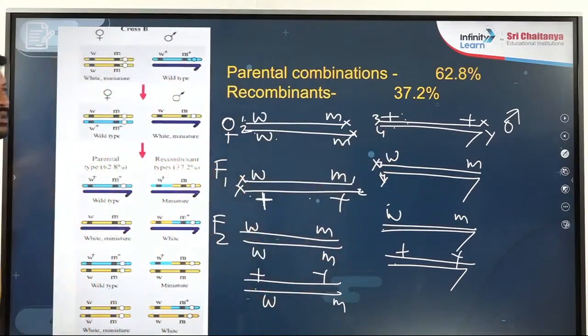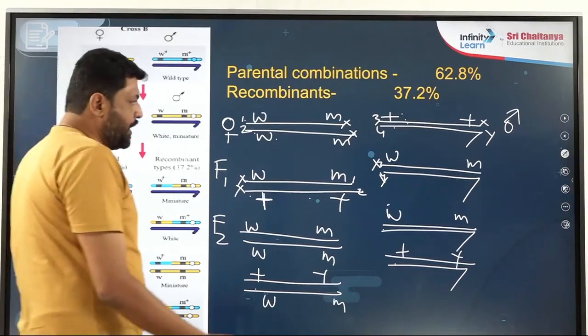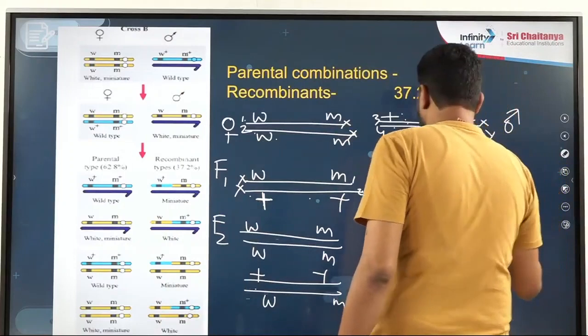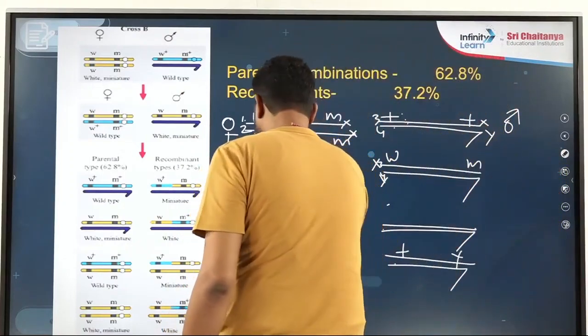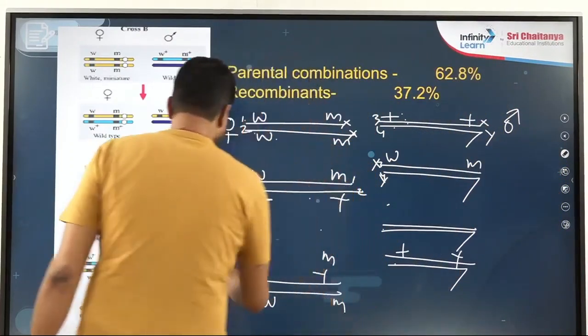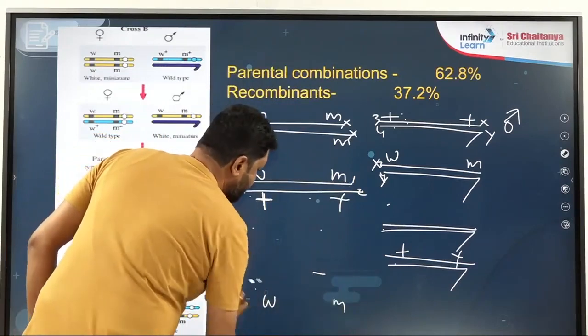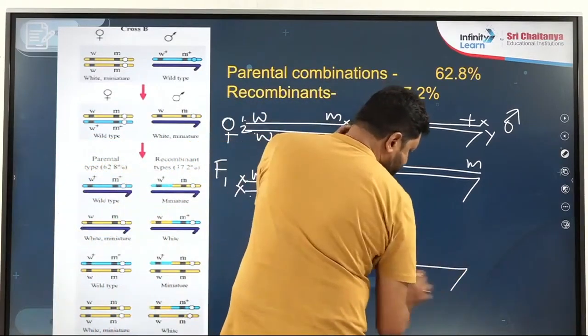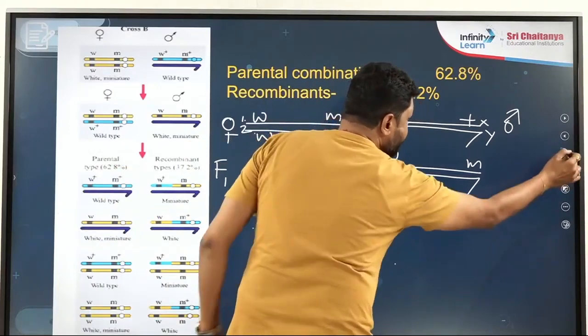So without crossing over, we will see the parental combinations only. So let us have a crossing over and see what happens in the F2 generation. Because the distance between two genes is more, crossing over will be there.